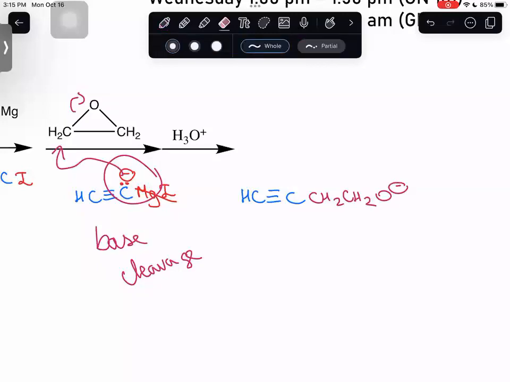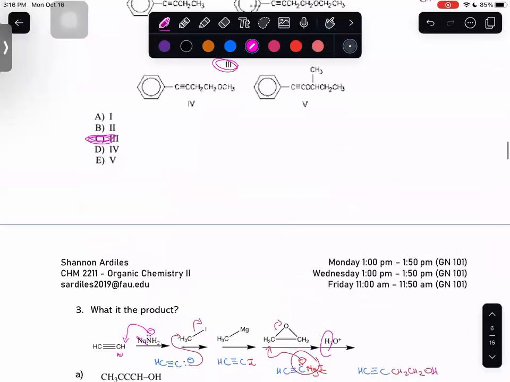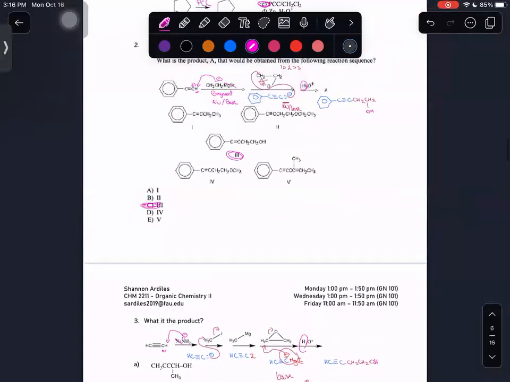And then very last step, with H3O+, what's going to happen? We just protonate it. So we're just going to add one of those hydrogens, and that's it. We're just supposed to end up with a carbon chain. Again, very similar problem to what we saw before.